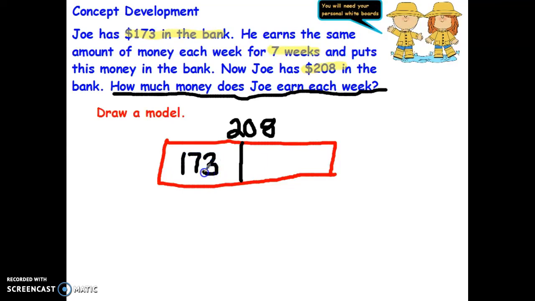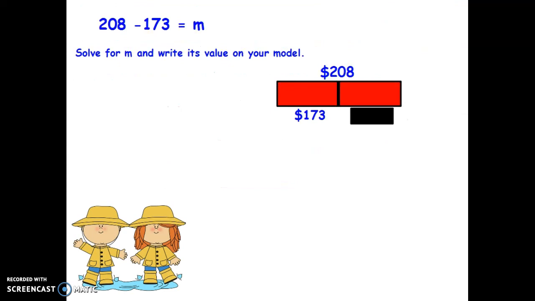So the question is, how do we go from $173 the whole way to $208? Well, remember, he earns the same amount of money for 7 weeks. So one thing we can do is to subtract 208 minus 173.